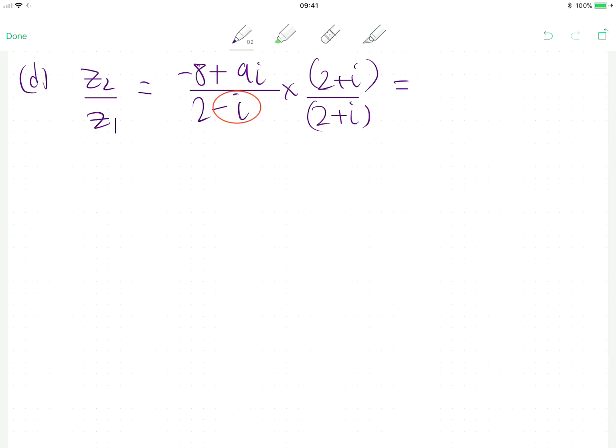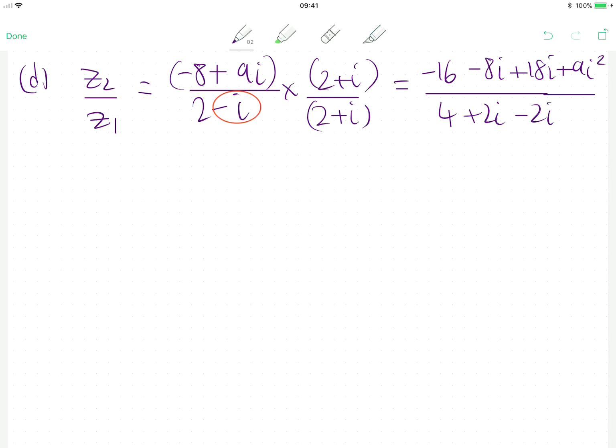And if we multiply out, then on the top, okay, we have minus 8 times minus 2, minus 8 times i, then move across to the 9i, we get 18i plus 9i squared. On the bottom, we have 2 times 2, 2i minus 2i minus i squared.